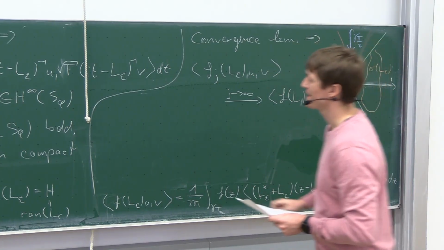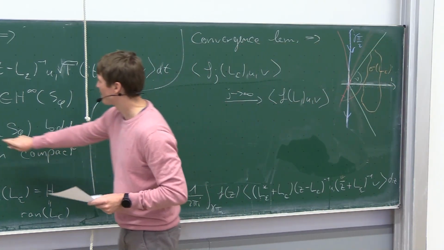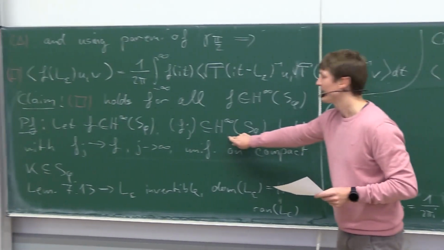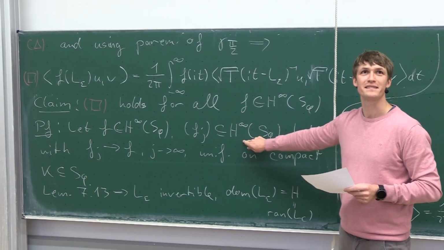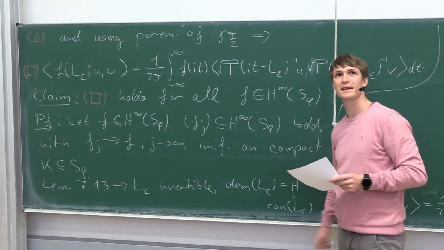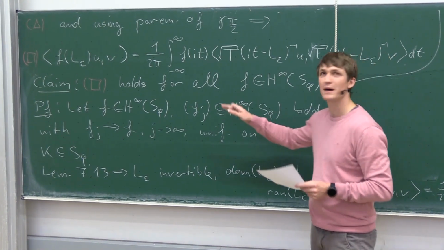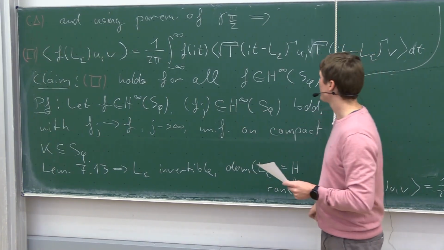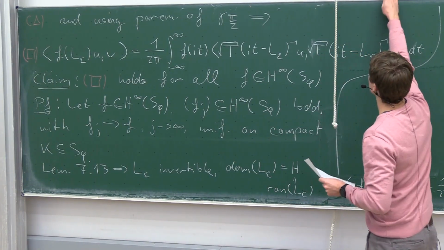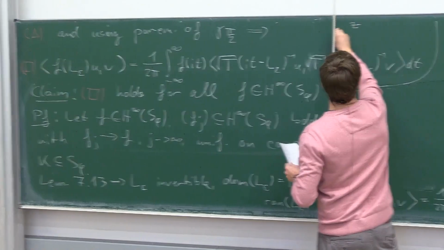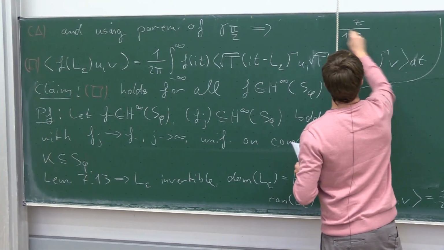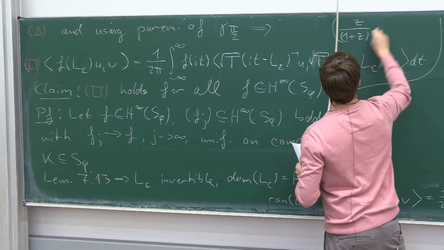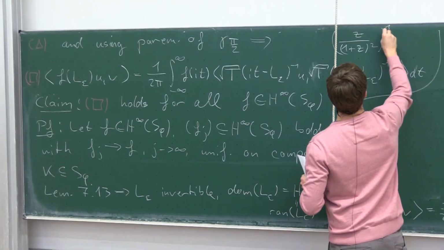I'm sorry, I made one mistake. I wanted to take the f_j as H_0 infinity functions. This is something we also did on Monday: we multiplied the bounded holomorphic function by functions of the form z over 1 plus z squared, and then we took the j-th root.